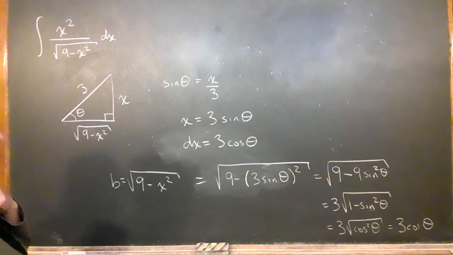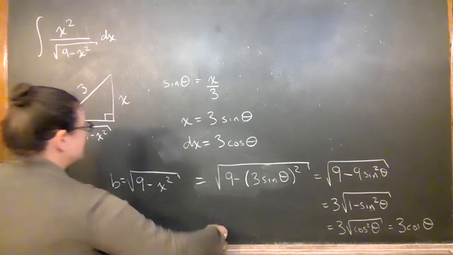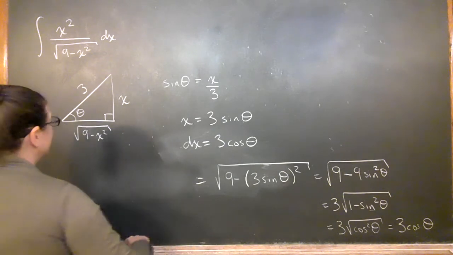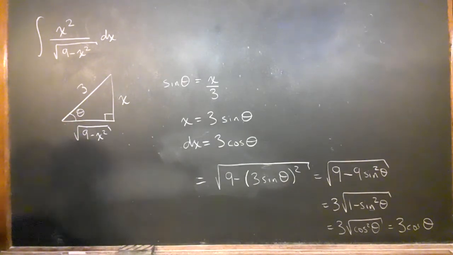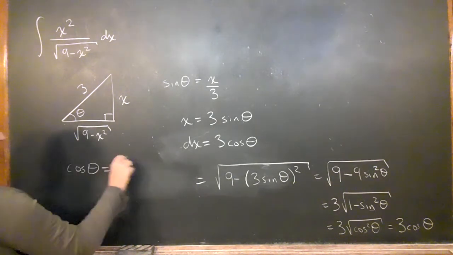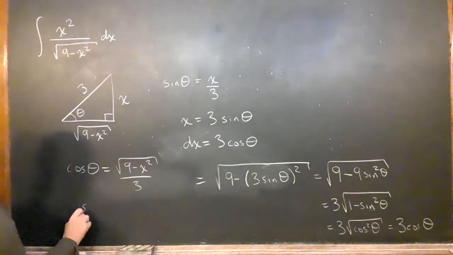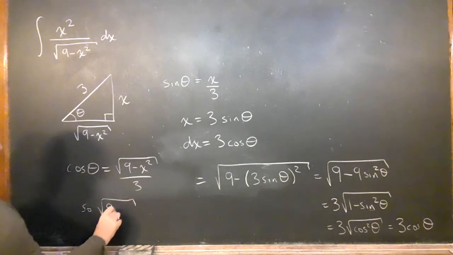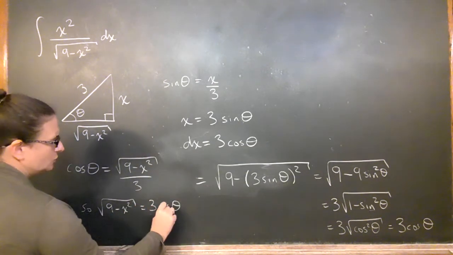It's kind of a lot of work, though, because I can also just go look at this triangle. I can say that cosine of theta is the adjacent over the hypotenuse, and the adjacent is this root. So then my square root is 3 cosine theta. So I can go two ways.